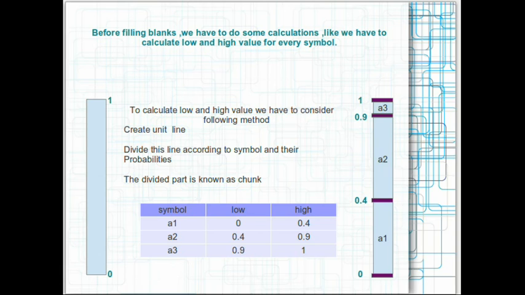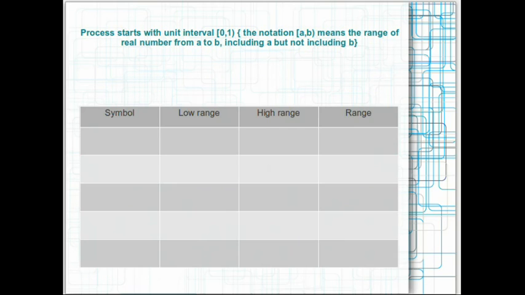For the sake of understanding, I draw a very broad line. It is not an actual line, it looks more like a rectangle, but for simplicity we consider it a line. Here I have defined two limits: the lower limit is 0 and the upper limit is 1. It is the range of the line we specified, 0 to 1.